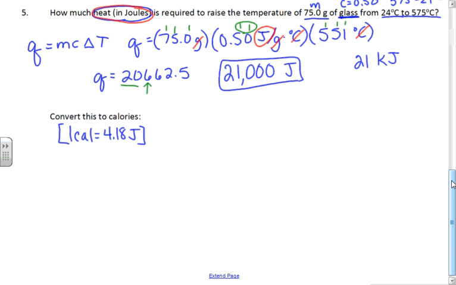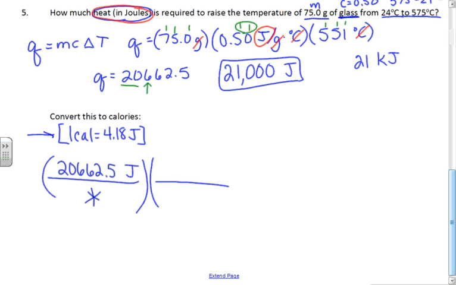So we're starting with our 21,000 joules, but we don't want to use our rounded value to do other calculations. We want to go ahead and go back and use our exact value we got in the calculator, and that was in joules. And then we have to set up our equivalency statement here as a conversion factor. So one of those has to go on top and one of them has to go on the bottom.